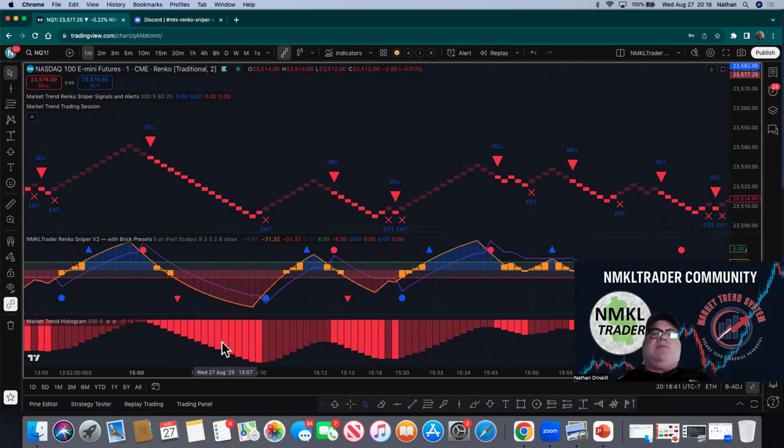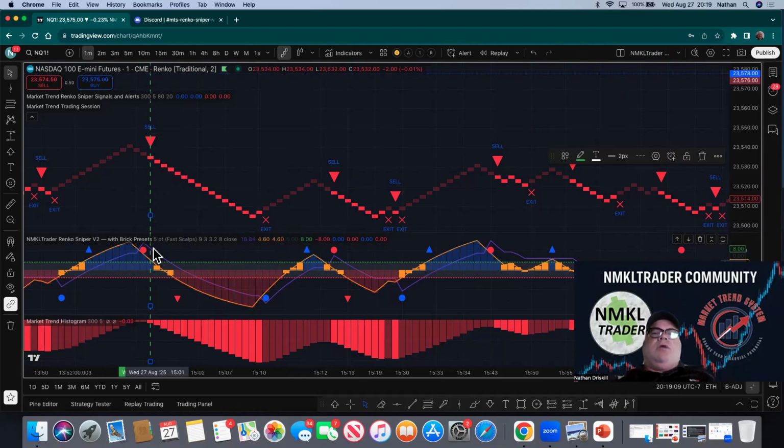All right, first of all, you got to make sure that this down here, and don't worry, this up here does match the histogram because they're both set to 305. 300 EMA and 5 change direction. Okay. So right here we get the opportunity to go ahead and consider looking for a trade.